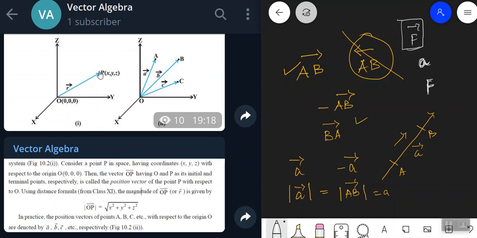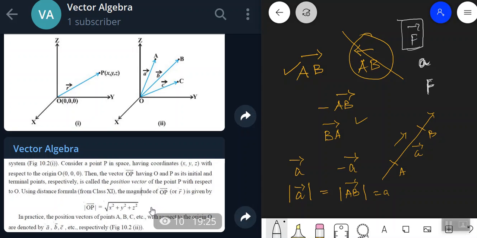When you want to measure the magnitude of this OP vector, you have to follow this formula, because as I already mentioned, the magnitude of a vector is represented by the modulus of that particular vector. So the modulus of OP vector is given by the square root of x squared plus y squared plus z squared.